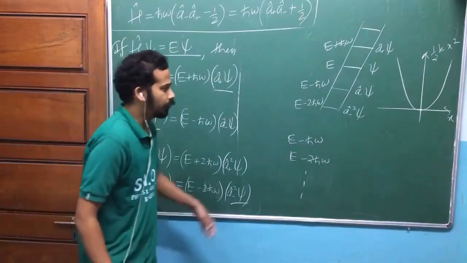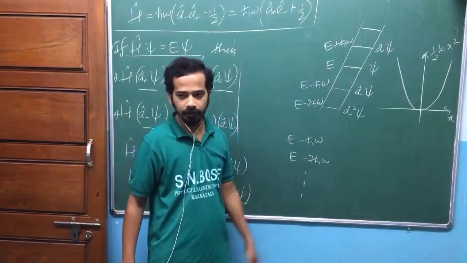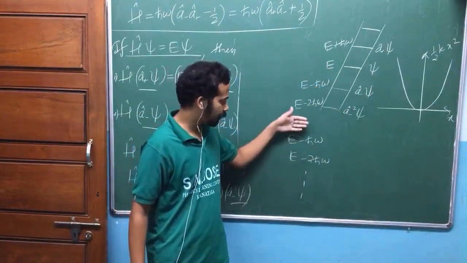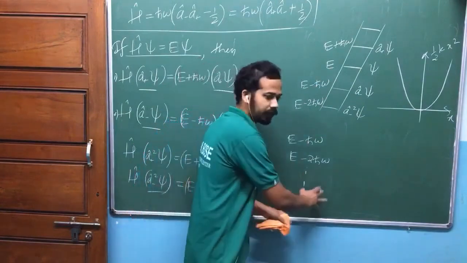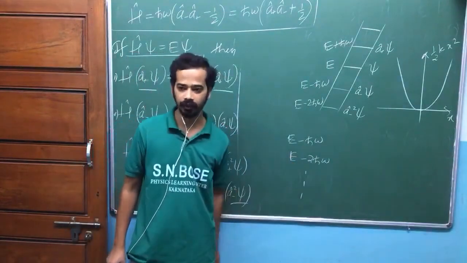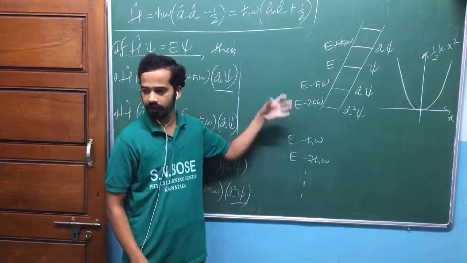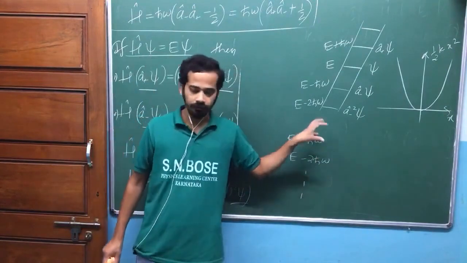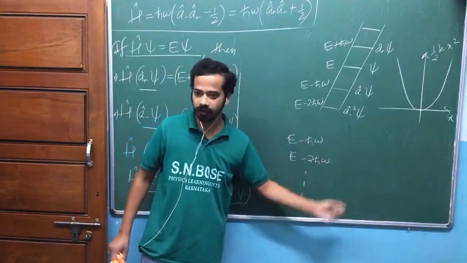So that's why, look at here, how long can you apply this lowering operator? You can't apply it any number of times. If you keep on applying it, you may get into the situation where E minus some n h bar omega becomes negative, because you are subtracting, isn't it? You have an arbitrary value here, you keep on subtracting h bar omega, 2h bar omega, so this subtraction term is increasing, am I right?